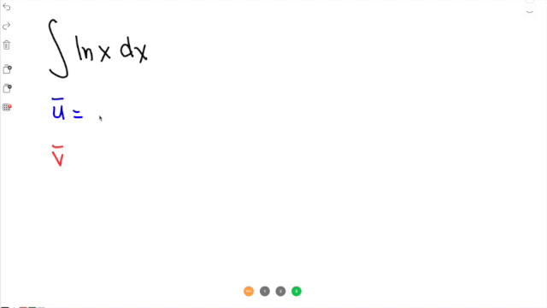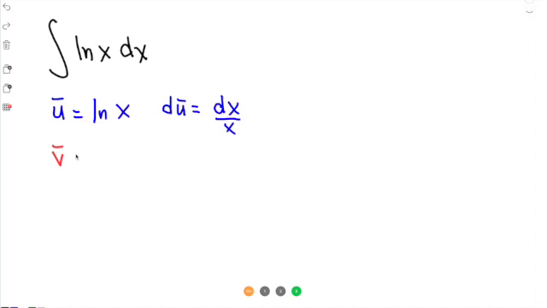So for this one, what should be our u? Of course, we take ln x as our u bar, so that we can take the derivative of u bar as dx over x, since the integral of dx over x is equal to ln x.